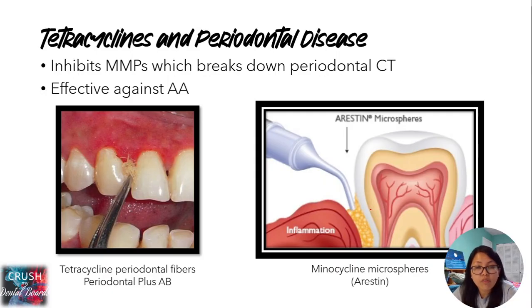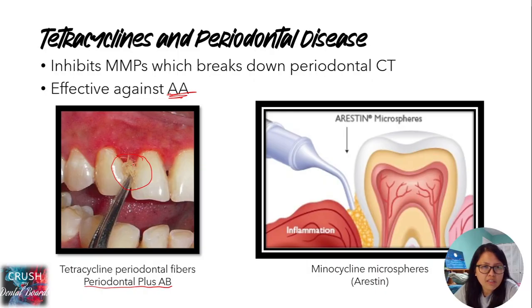Tetracyclines are very effective against your AA. Okay, and we know that AA are primary causative agents of your periodontal disease. So what are examples of tetracyclines being used to treat perio? Here you have your Periodontal Plus AB. These are actually tetracycline periodontal fibers.